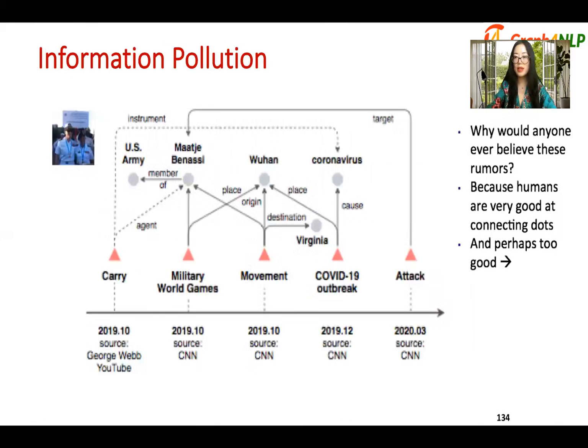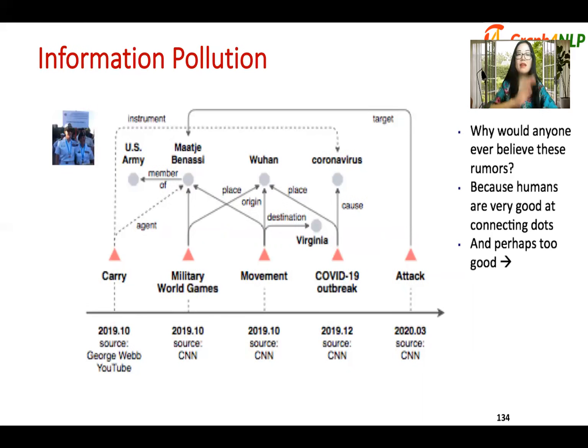Okay, finally, I would like to talk about another application, another new problem that can leverage the graph models, which is missing information detection. Information pollution is a huge issue because humans are always very good at connecting dots. When they comprehend different news documents or social media posts, they usually try to construct a knowledge graph in their mind and then connect dots.